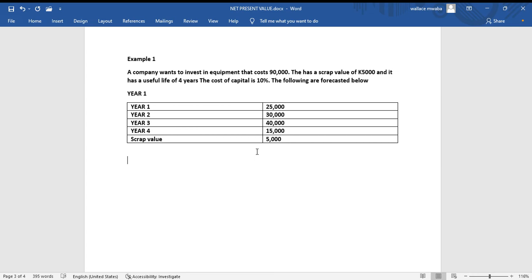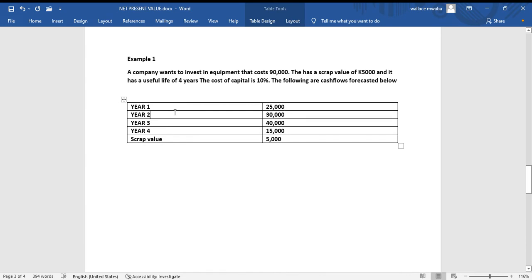and it has a useful life of 4 years. The cost of capital is 10%, and the following are the cash flows forecasted below. At the end of year 1, we expect to receive 25,000.